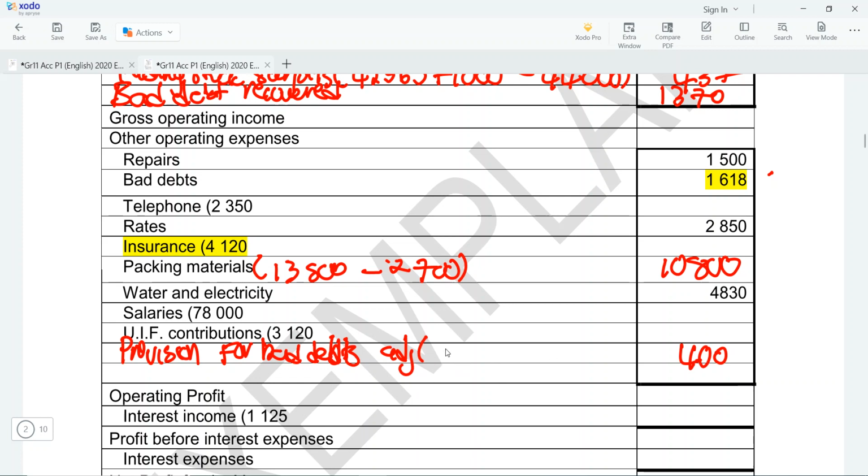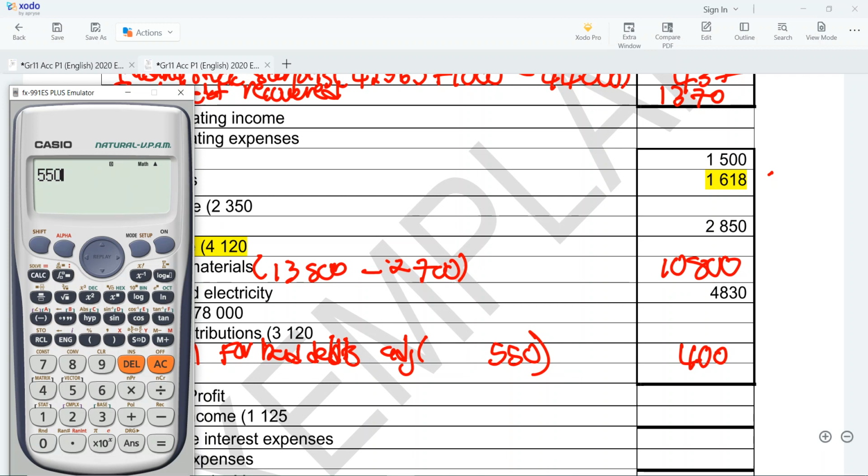Remember that the previous one was 550, right? So the new one will become 550 plus 400, sorry, then we'd have 950.